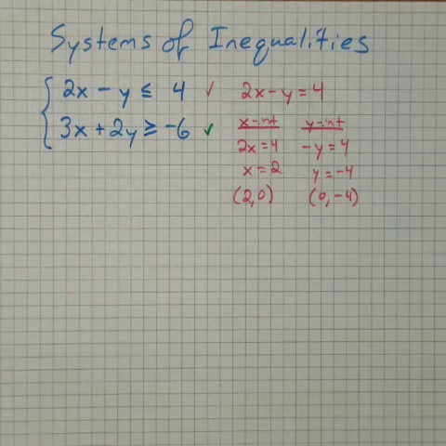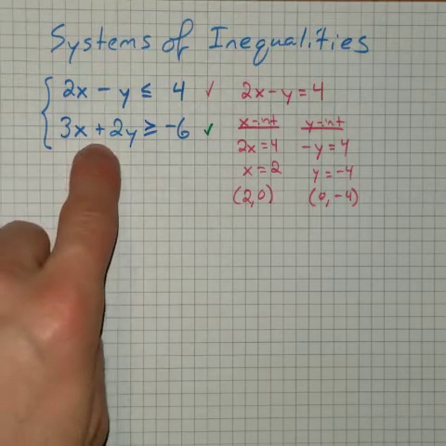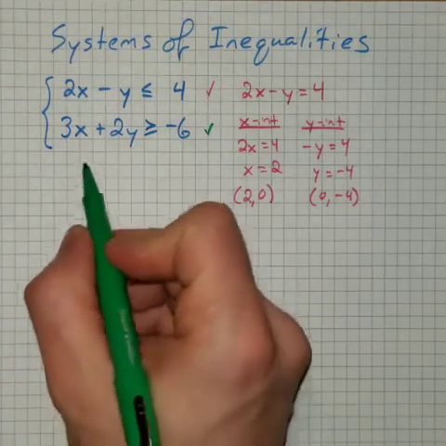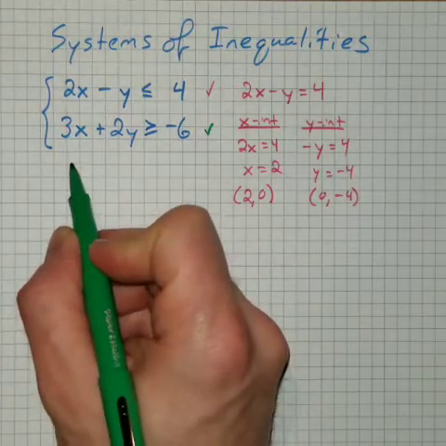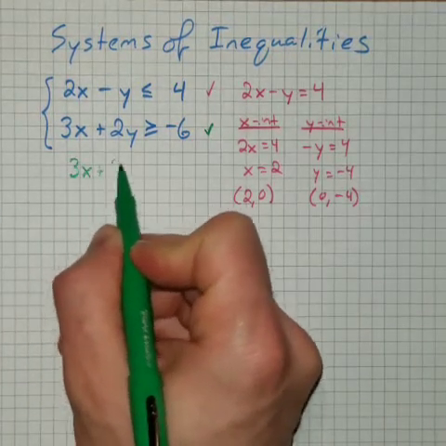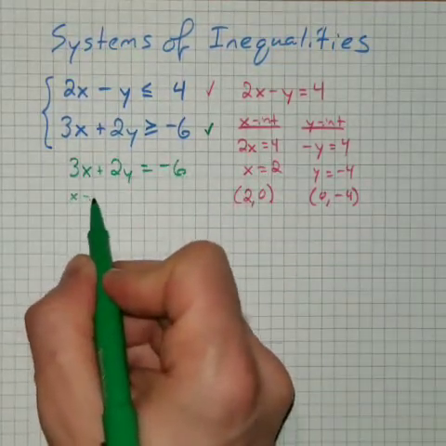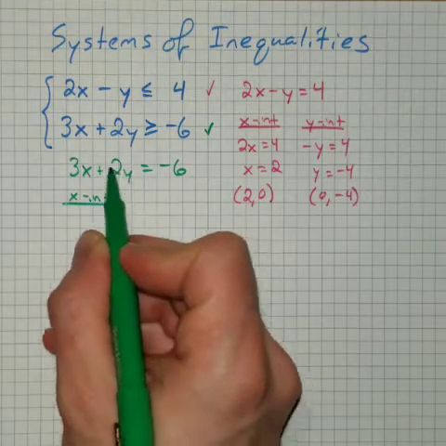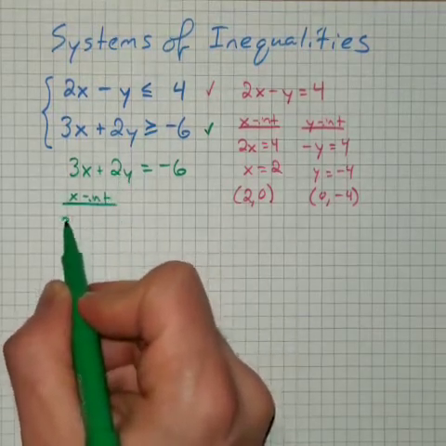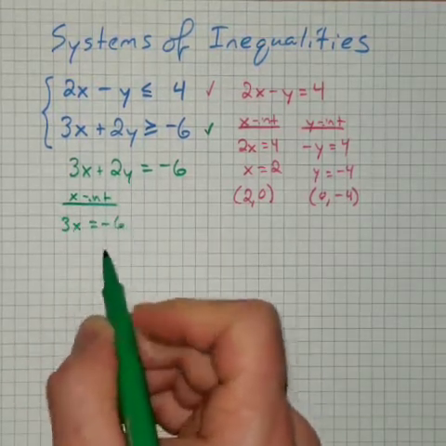When we work with the bottom inequality, again, we're going to change it to an equation in order to get our boundary. The x-intercept occurs when y is 0. This term disappears. 3x equals negative 6.